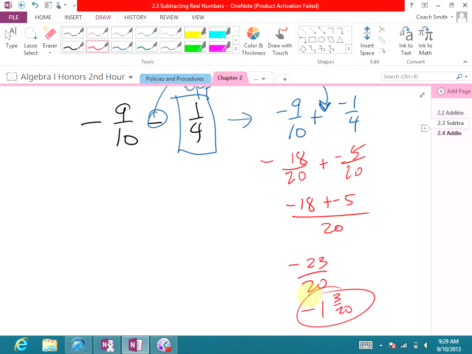If they give you the original problem in fraction form, then they want your answer in fraction form. If they give you your original problem in decimal form, then they want it in decimal form. So obviously, if we can convert it to decimal form and it's easy, like 1.75 and the answer is 1 3/4, that's fine.